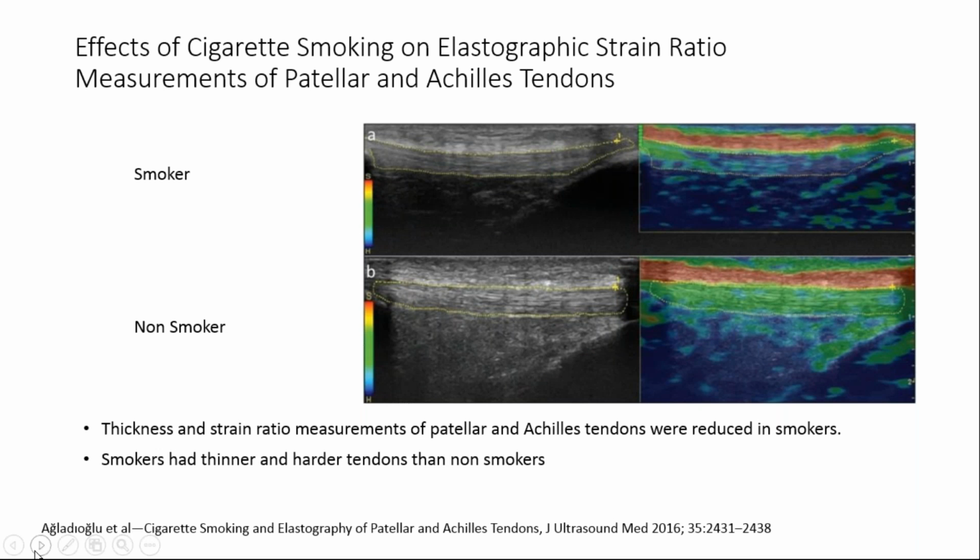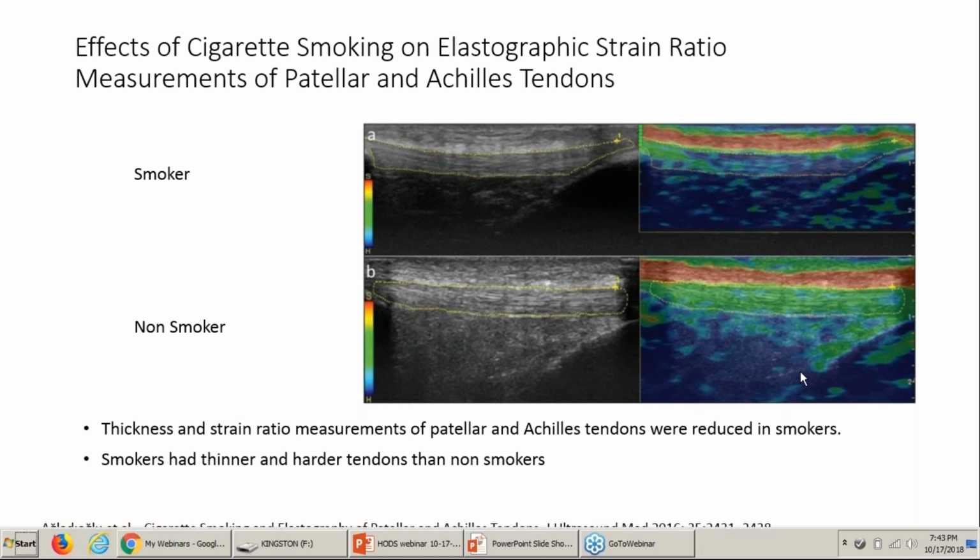Now another study was done on smokers, and they measured their strain ratio. They did imaging and elastography on their Achilles and patellar tendons. What they found is that smokers have thinner tendons. On B mode imaging, the tendons were smaller than in healthy volunteers, and they were also harder. On the other end of the spectrum, when you have tendinosis or tendon disease, you have a softer tendon or less elasticity.